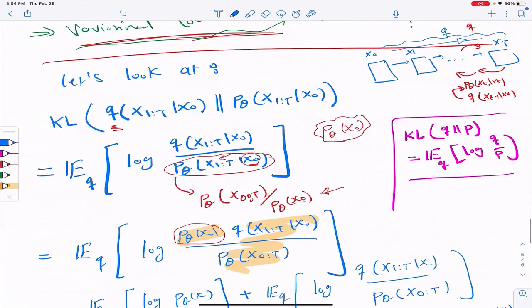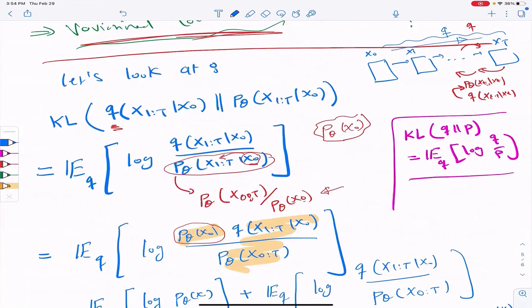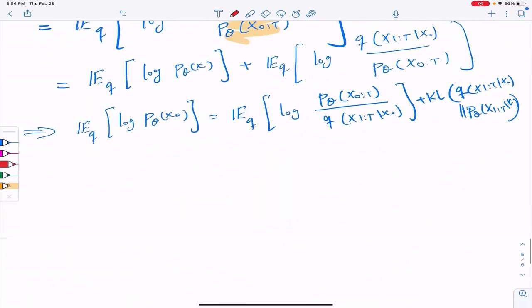By q here, I mean q of x1 to t given x0. Therefore x0 is not a function in the expectation, so I can just drop this expectation over x0, because this is taking the expectation given x0 over x1 to xt. So my x0 is like a constant for this expectation.